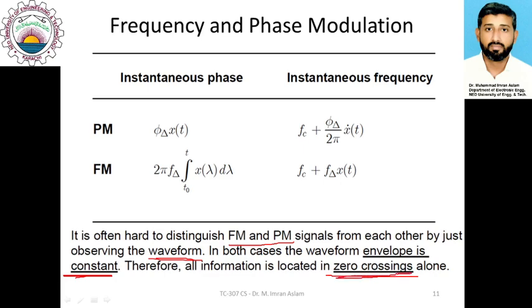Whenever the signal crosses the zero amplitude axis, those zero crossings represent the information. So in order to retrieve information for both PM and FM, we need to observe the zero crossing points in order to exactly retrieve the information that is contained in the frequency modulation or phase modulation.